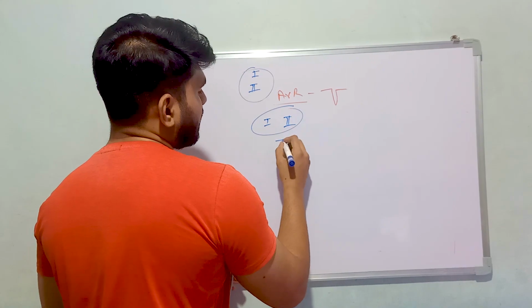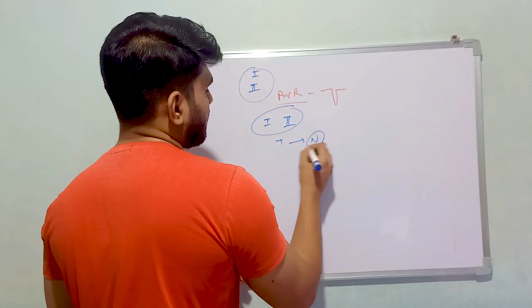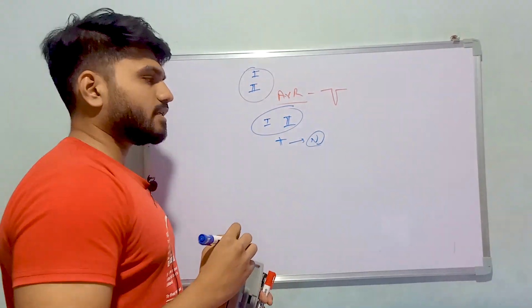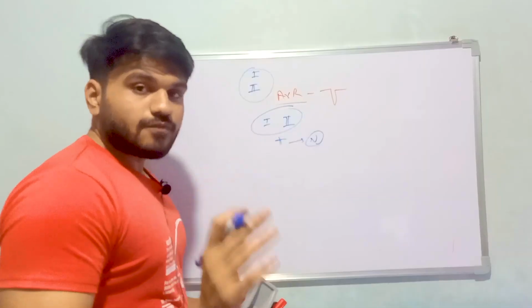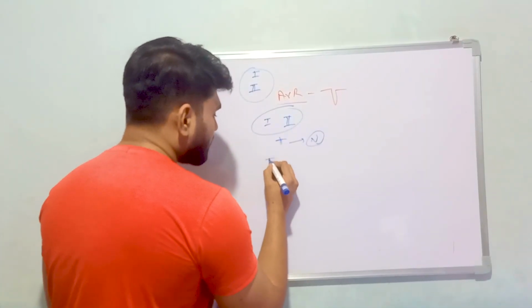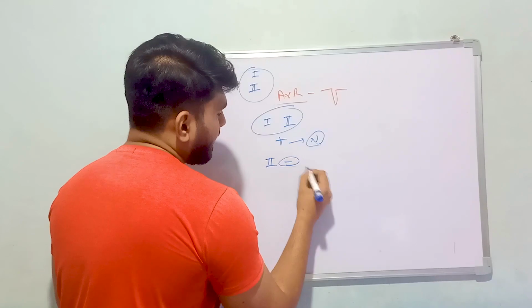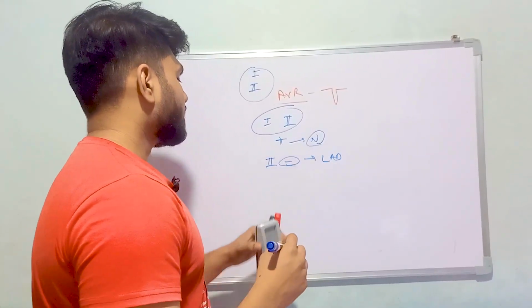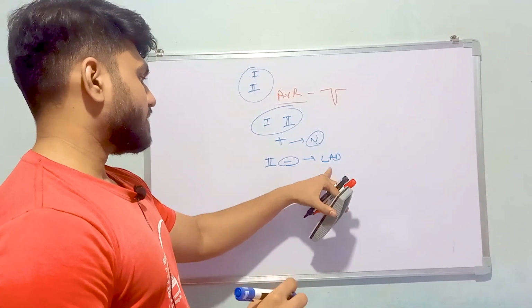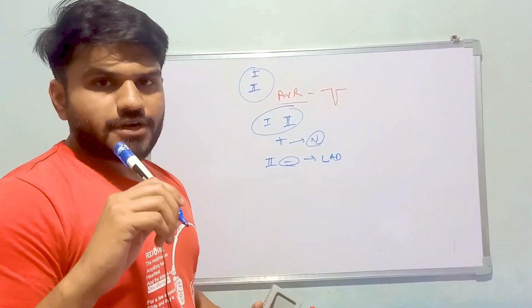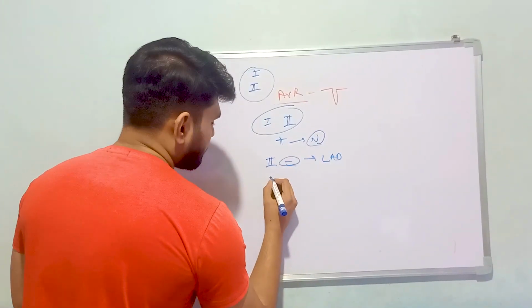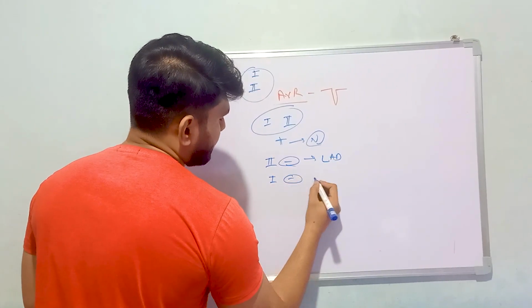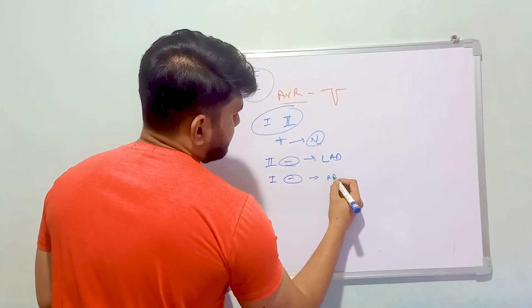If both leads are positive, then it is normal axis. If lead 2 is negative, then it is left axis deviation. If lead 1 is negative, then it is right axis deviation.